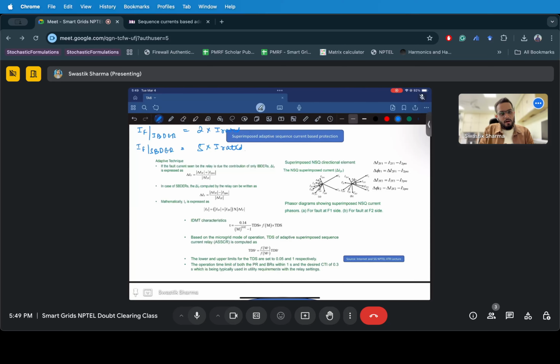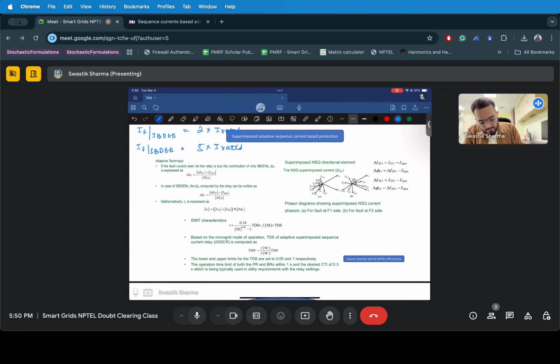Even though you've got your plug setting multiplier and everything, how do you make sure that when it is sensing its direction, the phasor contribution, the vector addition from both of these relays, is somewhat similar, right?